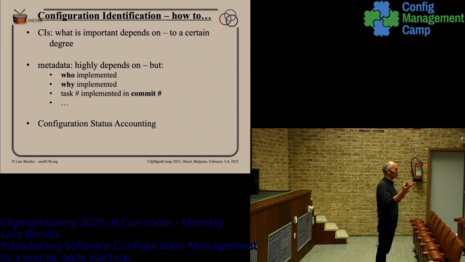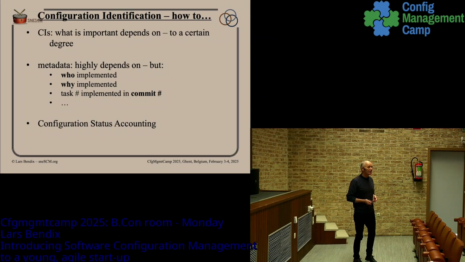And he can say, well, last week we closed 37 change requests, and he gets information. If you want to know who implemented this feature, because you have to fix a bug in that feature, and you would like to talk to the person who implemented that, you can make a query on the system, who created this commit that implemented the feature, and you can go and talk to that person.